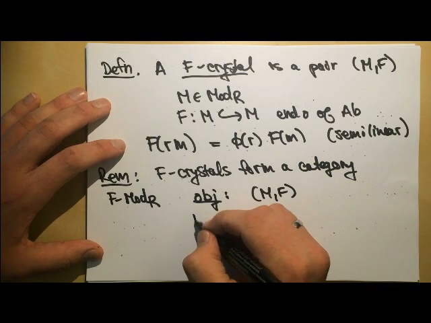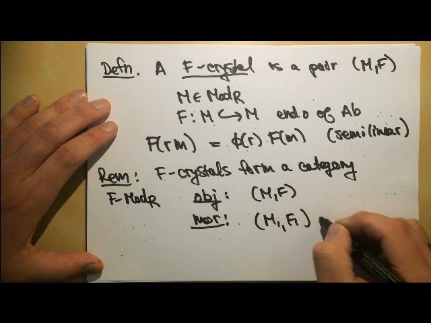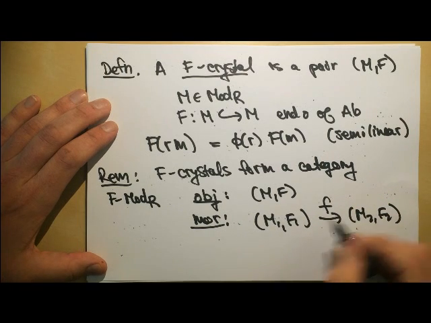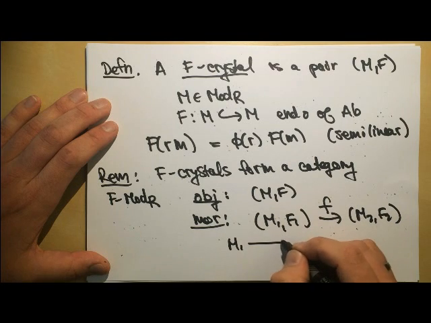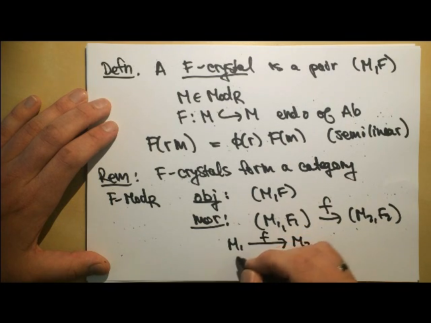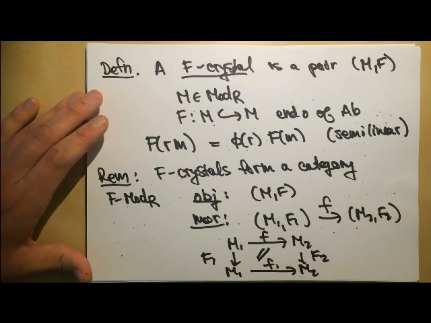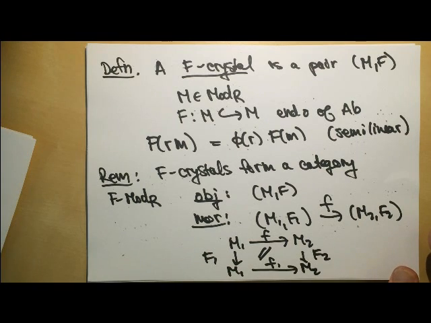And the morphisms, if I want to take a morphism of these things, it's just going to be a morphism that's going to be equivariant, so that the square with F_1 and F_2 commutes. So morphisms will just be maps like this. That's what an F-crystal is.